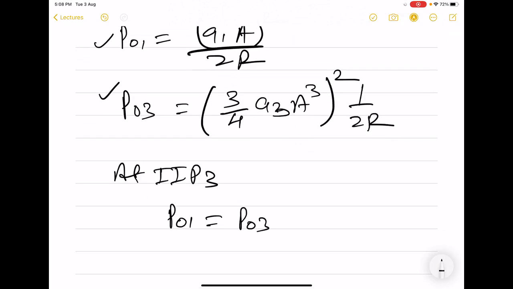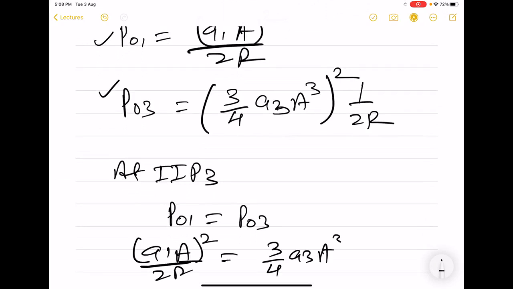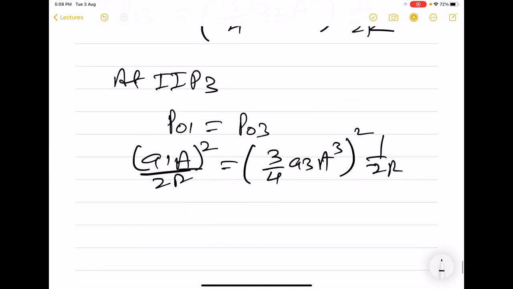So we are equating this in the linear absolute scale, but this equality will remain valid in log scale also. So here we get A1 A by 2R whole square is equal to 3 by 4 A3 A cube whole square 1 by 2R. So when we simplify, what we get is A1 A.